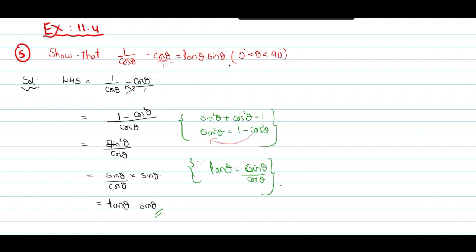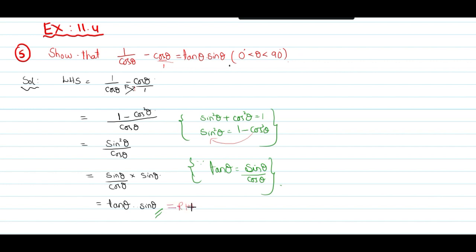It is actually a square, right. So a square can be written as a into a, that is sin theta into sin theta. Sin square theta can be written as sin theta into sin theta by cos theta. Now sin theta by cos theta value we have it as tan theta into sin theta, which is the required RHS.